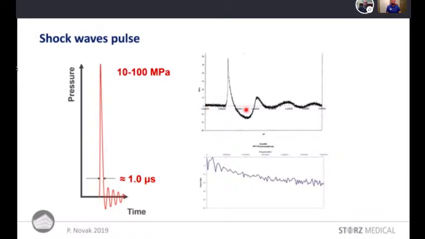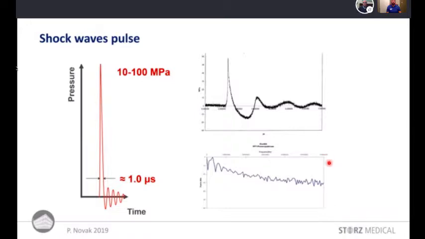And the fact that the signal is very asymmetric, there is a very short rise time. So it results in not having a single frequency like ultrasound, 1 megahertz, 2 megahertz, but you have a very broad spectrum. There are frequencies from the very low to very high.